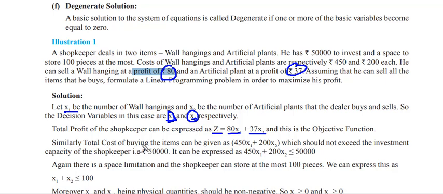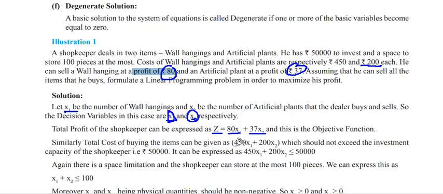Similarly, the total cost of buying these items can be, because one wall hanging costs rupees 450 and one artificial plant costs rupees 200, so 450x1 plus 200x2.